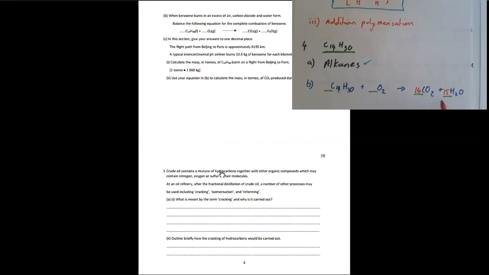Right? So how many oxygens do we have on this side? Well, 28, because it's 14 times 2, plus 15 gives me 43, divided by 2 gives me 21 and a half. Right, reaction balanced. Let's move on. Happy with that?